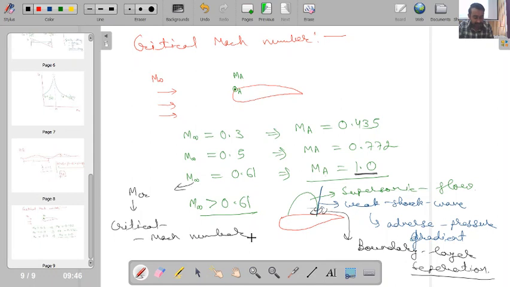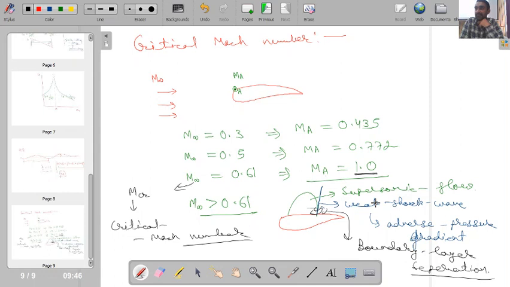So the meaning is, if I am operating in a subsonic regime, for a subsonic aeroplane, I should not increase the Mach number above the critical Mach number. If I increase above the critical Mach number, then there will be this mixed finite-sized supersonic-subsonic regime, which will lead to adverse effects.